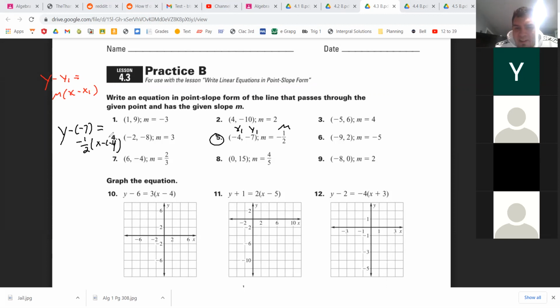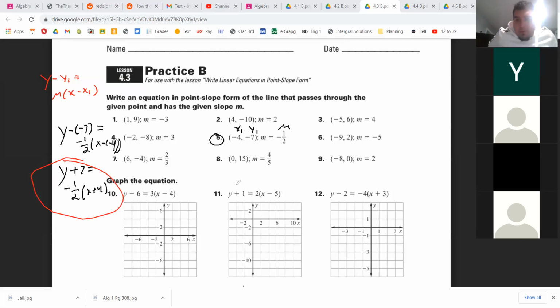But we don't really like double negatives. So I'm going to rewrite this as y plus 7 equals -1/2 times x plus 4. I'm writing it in 2 levels just because I'm running out of space in between this gap here, but you don't have to do that. You can make it one straight line. Either way, that would be your answer here. This is the equation in point slope form.